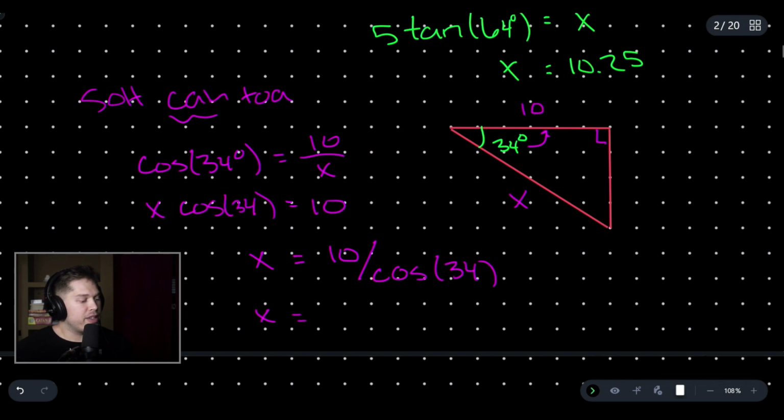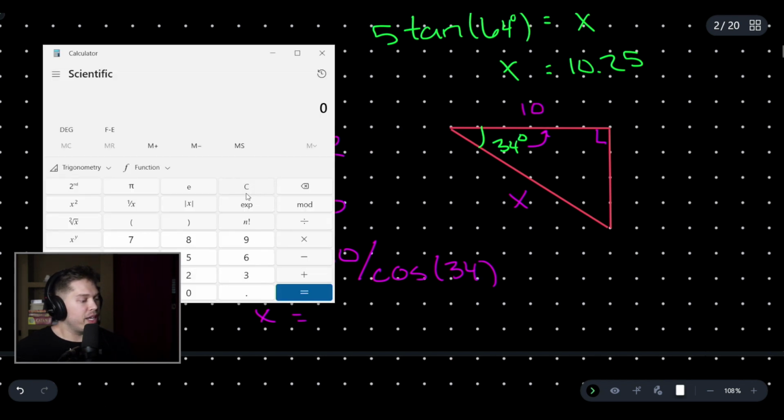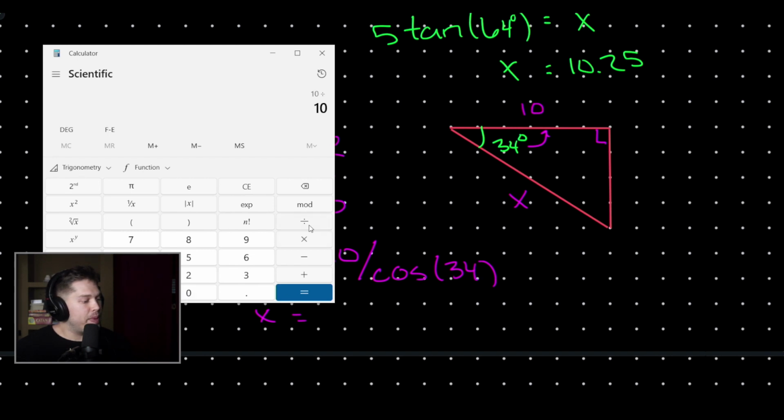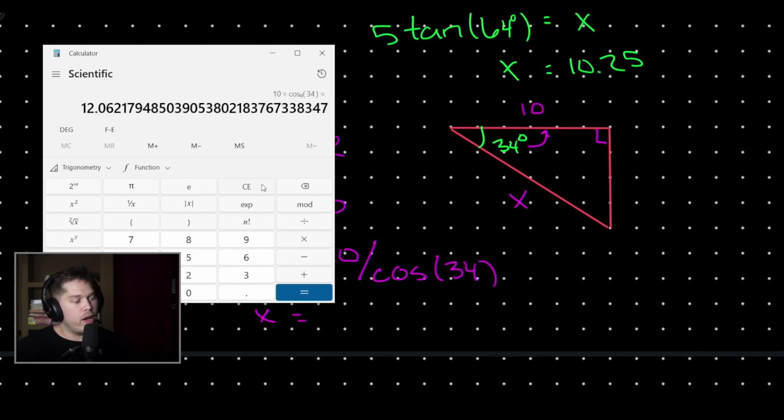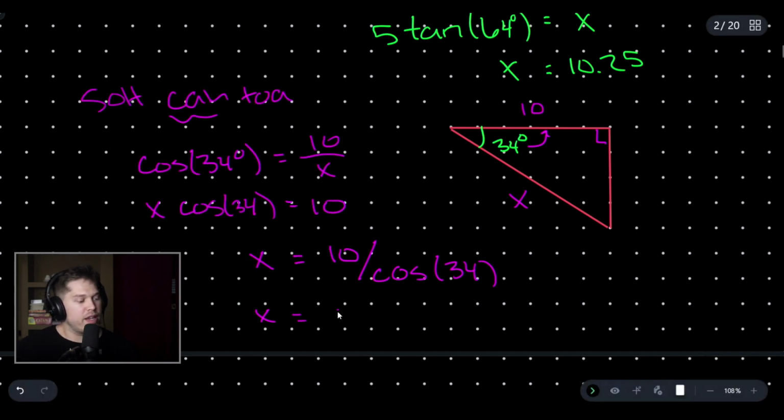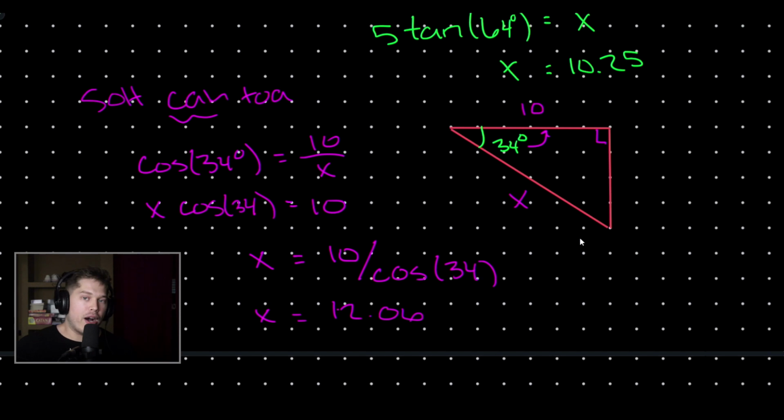So let's pull up our calculator, clear it out. We have 10 divided by cosine of 34 degrees, and we get 12.06 as our answer. So that means our hypotenuse has a length of about 12.06.